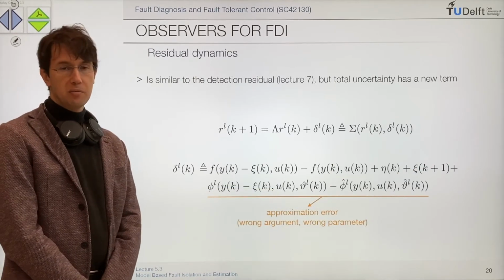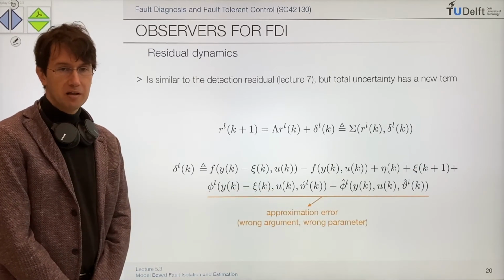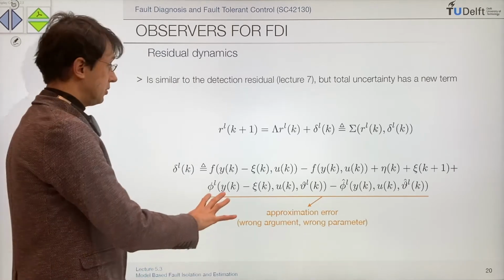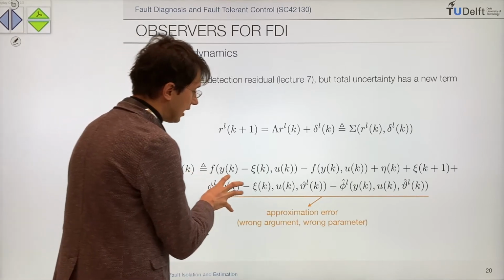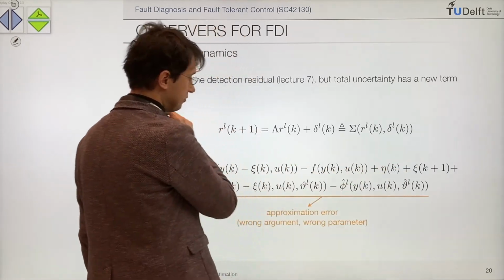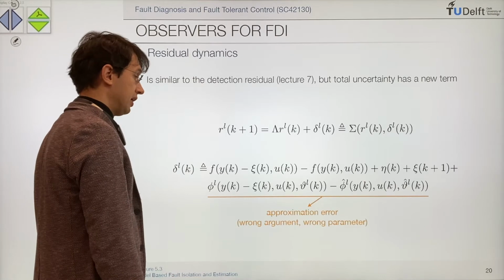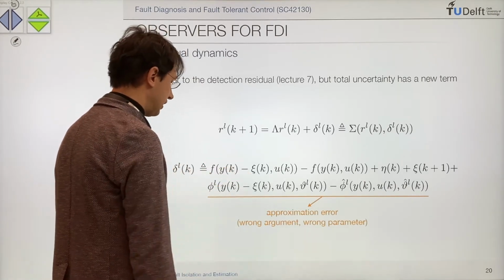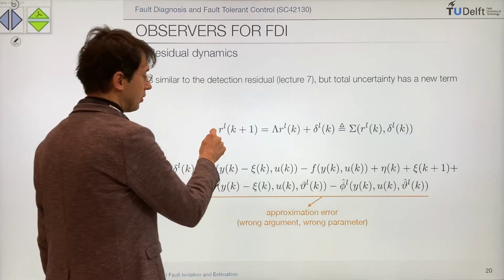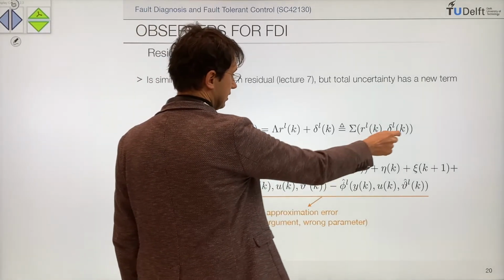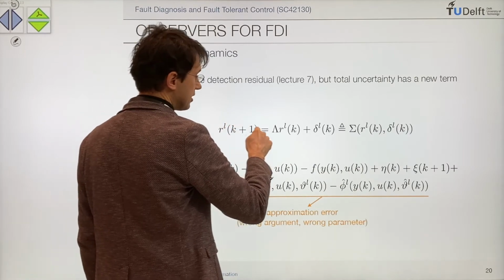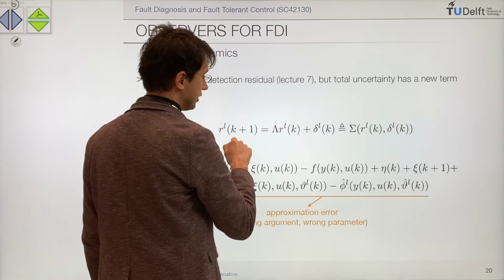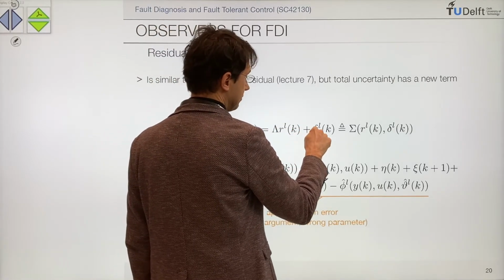Okay, so let us go back now to the residual dynamics, because we need them to compute the threshold. So we have them written out neatly. So we previously wrote them with a marker, and now you have some proper writing here. So the bottom line is that the dynamics of the residual are similar to what we had in the previous case. We still have a lambda r, the previous time step, plus delta.